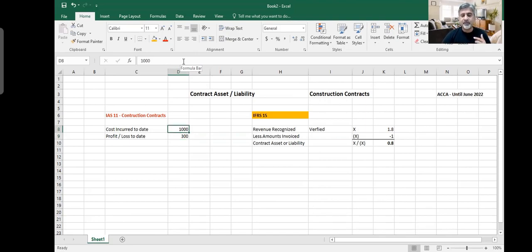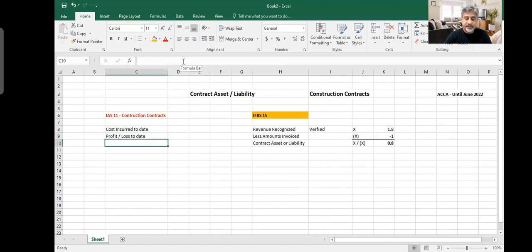So you calculate how much cost you have incurred and what your profit or loss is so far. Suppose my total profit is 300,000 and I have performed 30% of the contract, roughly 1/3, so I can recognize 100,000 of profit. So you say cost incurred to date, profit or loss, whatever you have accumulated until now.